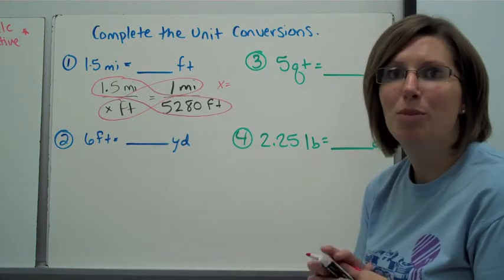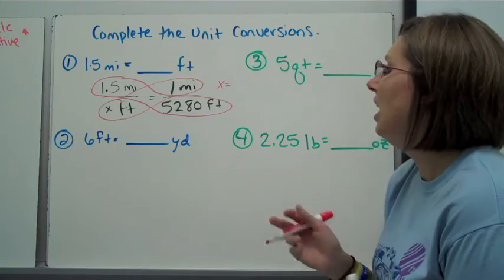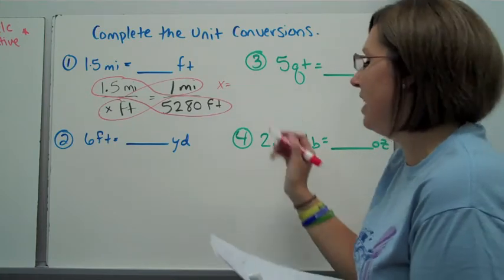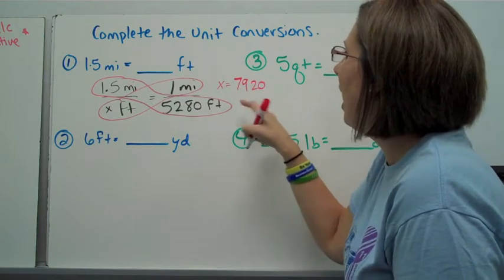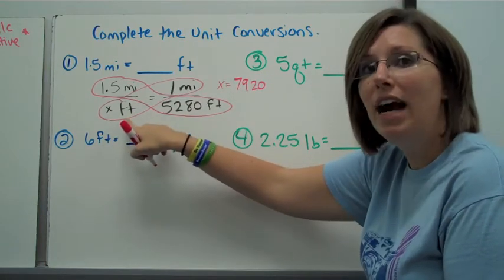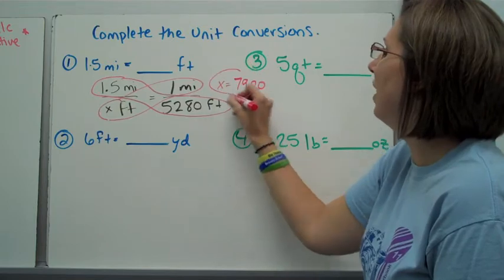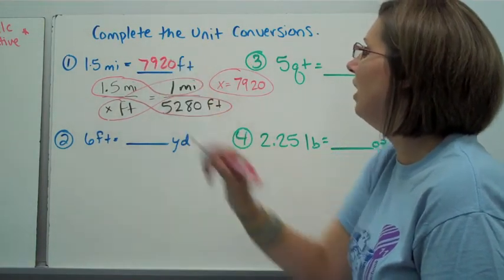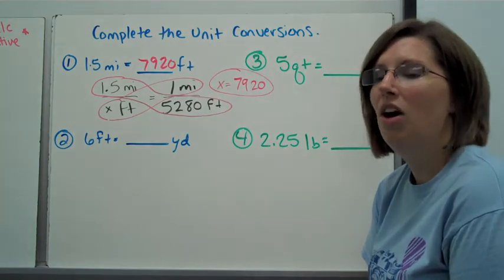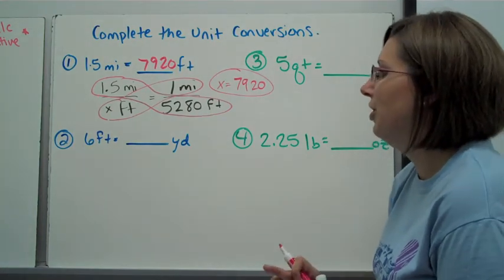This is why I said it's important for you to have a calculator. When we multiply that out, I get 7,920. And x stood for how many feet I needed. So I have my answer right here, 7,920 feet.